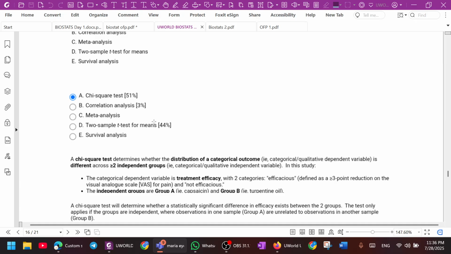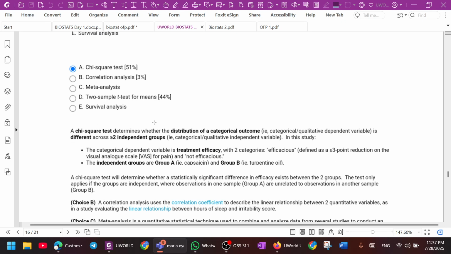In this study, the categorical dependent variable is the treatment efficacy with two categories: efficacious, defined as a 3-point or more reduction on the visual analog score for pain, and not efficacious. The independent groups are Group A, capsaicin, and Group B, turpentine oil.